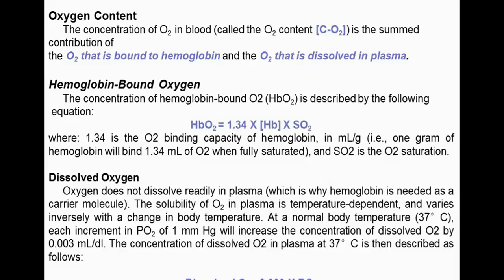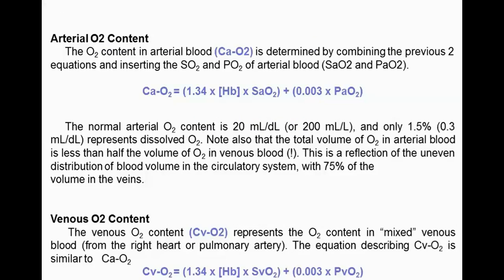This is the equation: 1.34 times hemoglobin saturation, plus the dissolved PO2. If we have a reduction in the dissolved, or a reduction in the hemoglobin, we have a reduction in the bound by the same percentile.